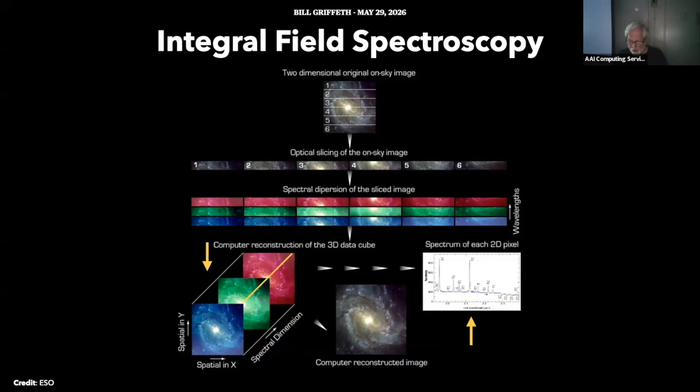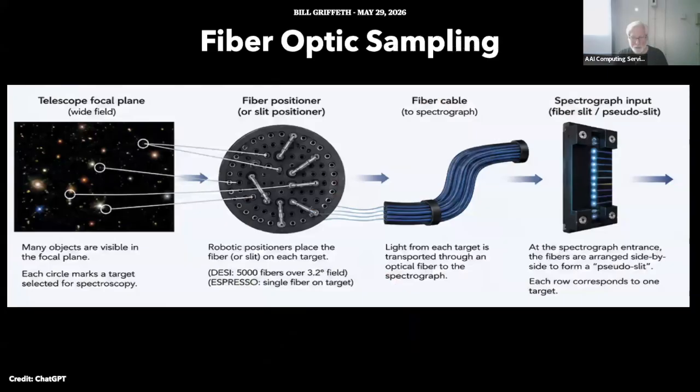So what we're going to do now is talk about a different means of selection. We've talked about long slit, we've talked about integral field spectroscopy. Now we're going to talk about fiber optic sampling. ESPRESSO at Paranal and DESI on Kitt Peak use fiber optic sampling to select objects for study.